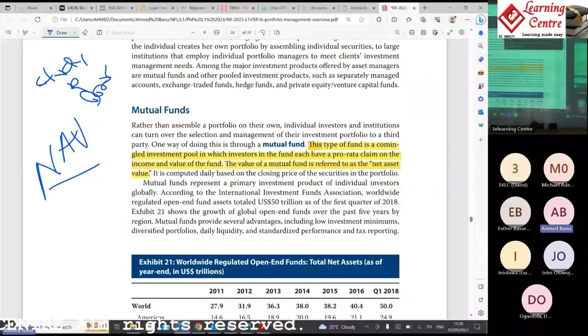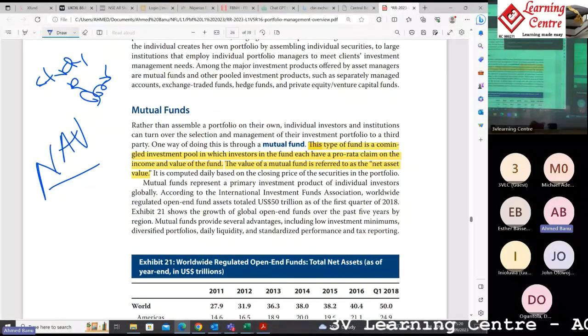So at the end of every day, we need to determine what the value of this mutual fund is. So at the end of every day, we have to value our bonds and value our stocks to know what the value of that portfolio is every day. Basically, that's what a mutual fund is all about.